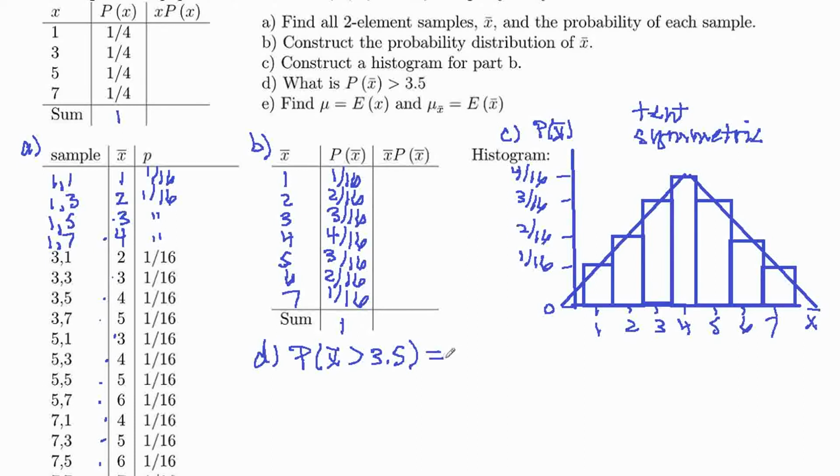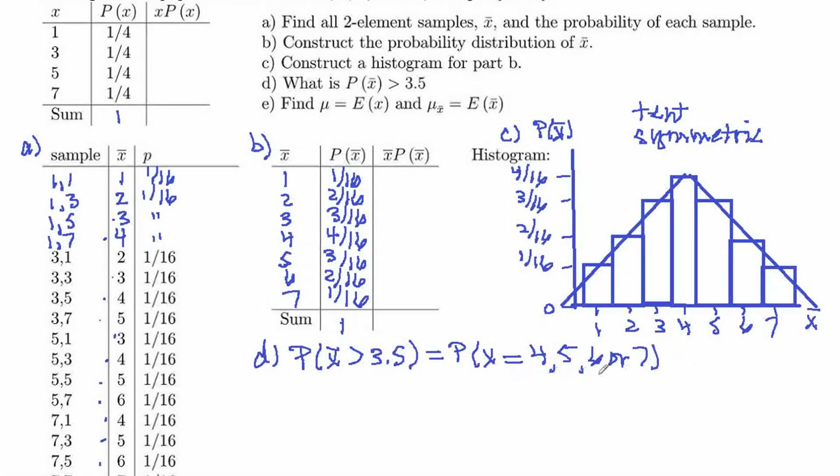Well, if x bar is greater than 3.5, it has to be 4, 5, 6, or 7 because it only got whole number values. So this is saying the probability x equals 4 or 5 or 6 or 7.